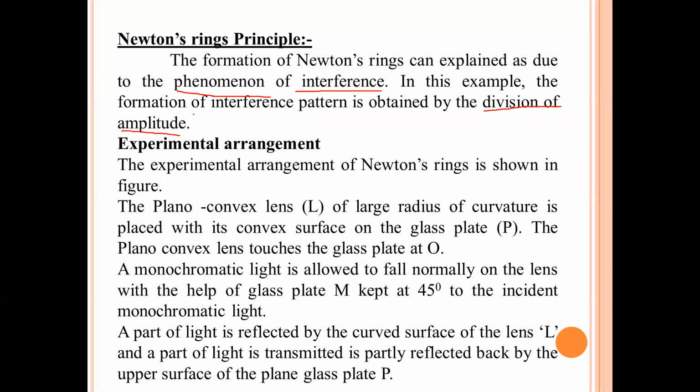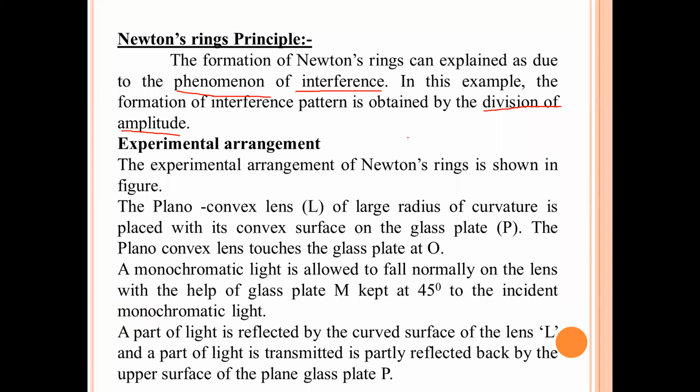Interference in thin films, which we discussed in the last session, explains interference fringes only. Here, by the phenomenon of interference, rings are formed. So here also dark and bright rings are formed.